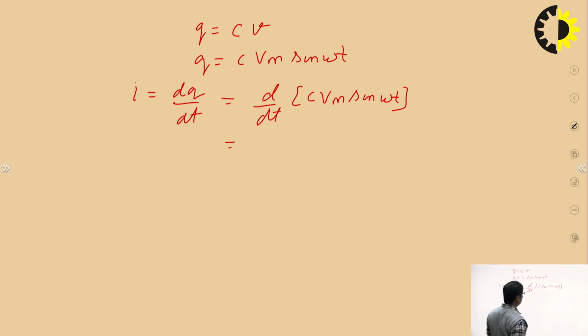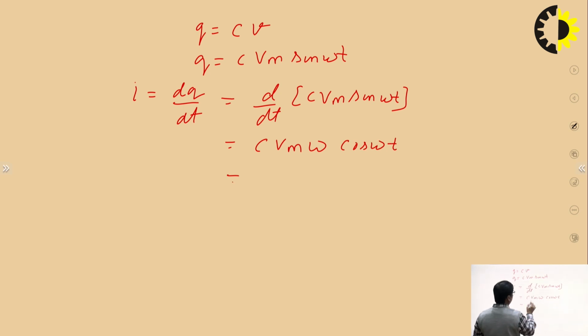So here you have to differentiate this to find the expression for the current, that is CVm, and when you differentiate sine omega t, you will get omega outside, and sine becomes cos omega t.